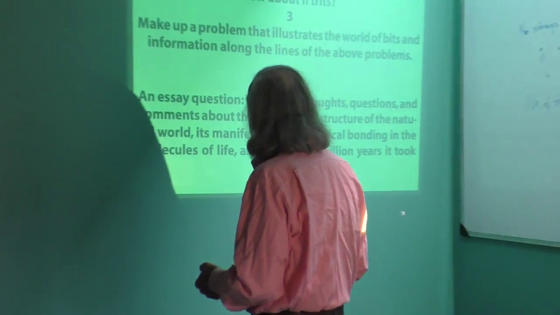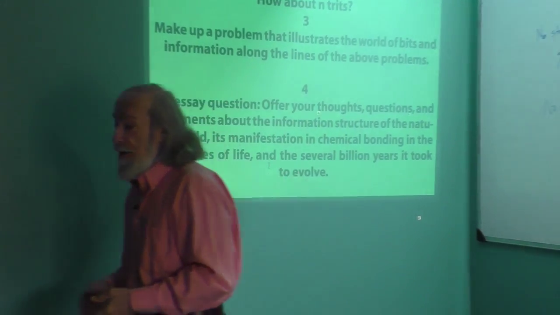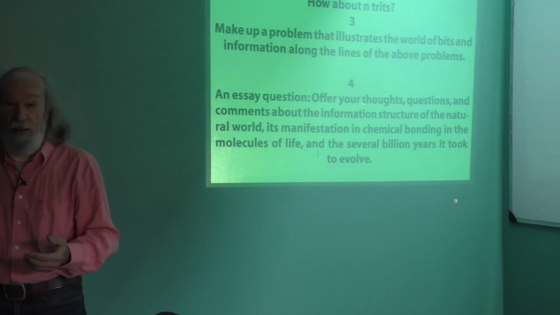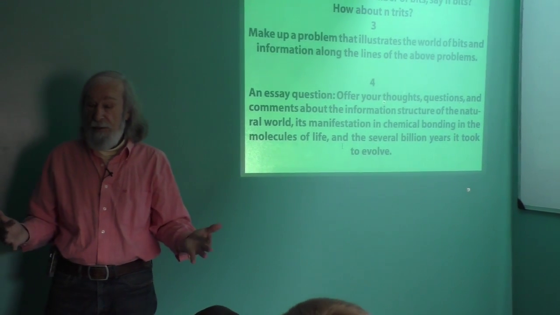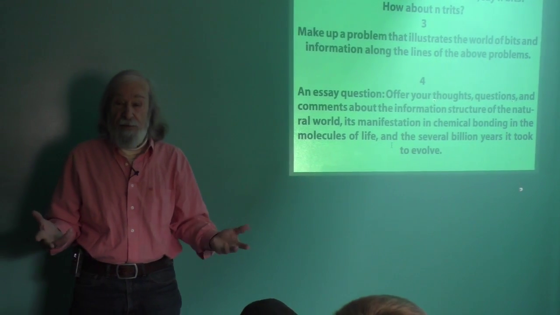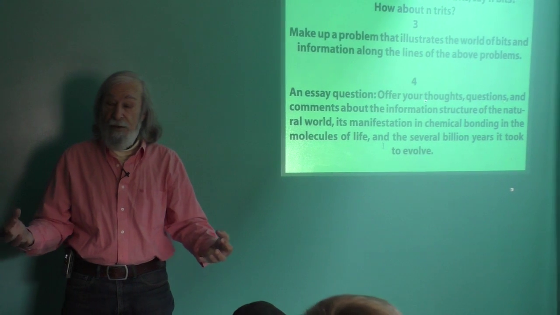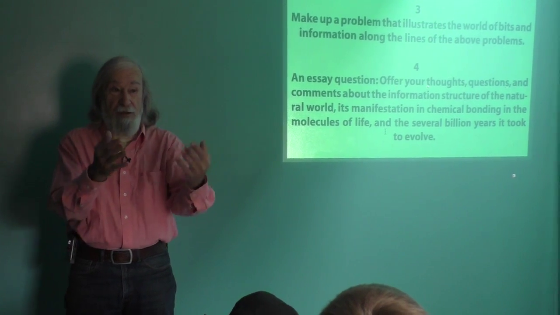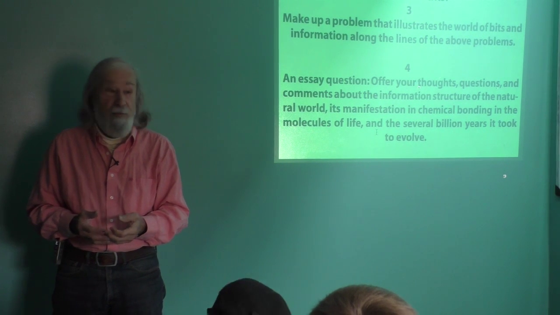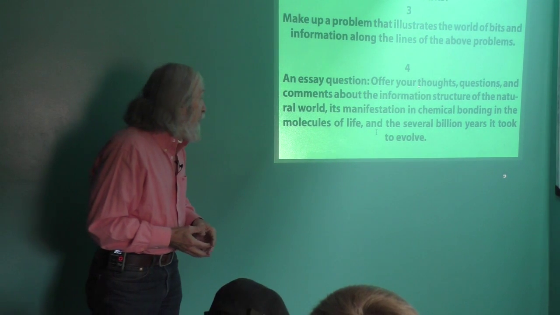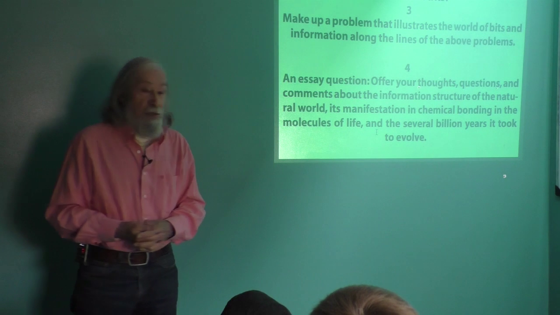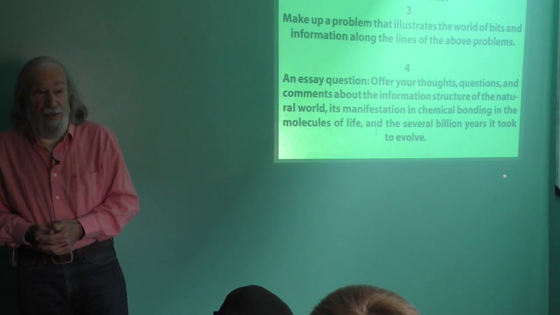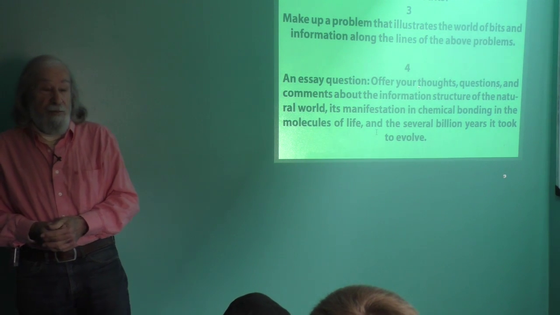So this was a question about the way the atoms and molecules that are in the natural world are pulled together in molecular bonds that basically make all of the structure that you see around you. And so I asked you to have something to say about that, or make a comment.